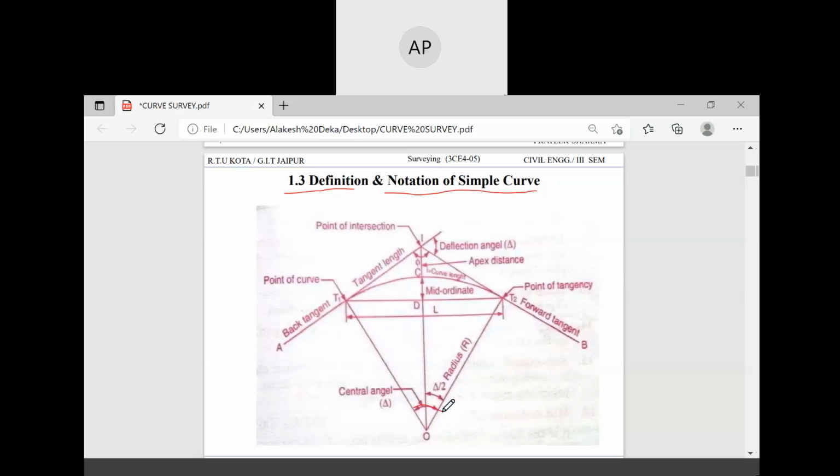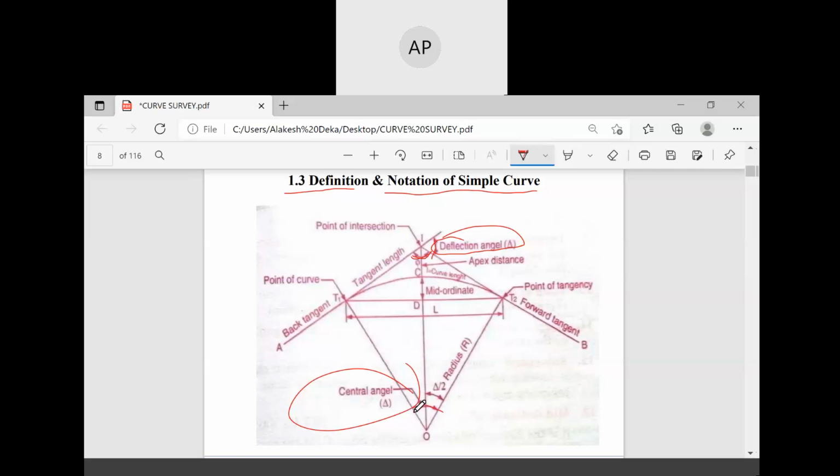So the definition and notation of simple curves is there. This is the deflection angle, sorry, this is not the deflection angle. Definition of a simple curve. That is the deflection angle. This is the apex distance, apex point, and this is the central angle.